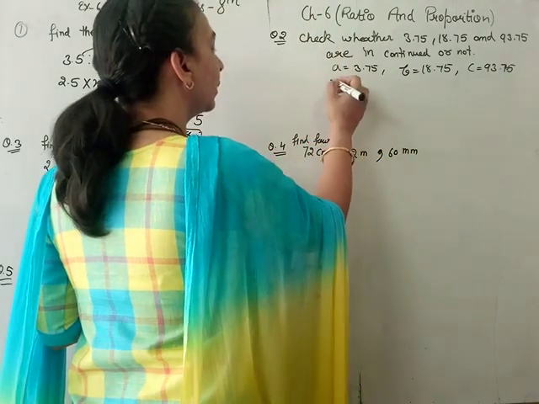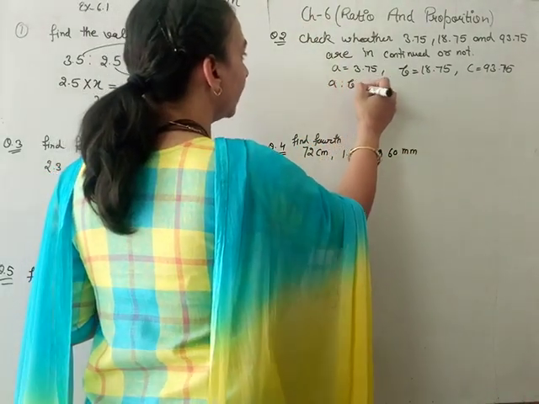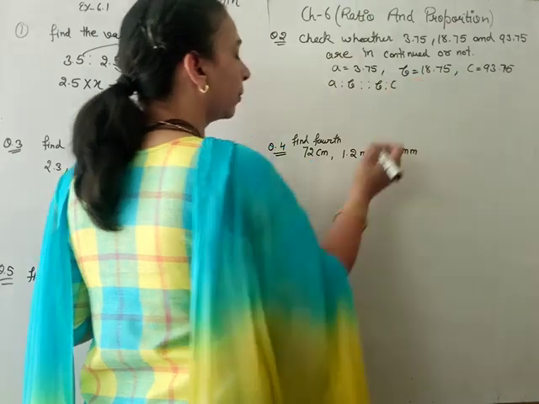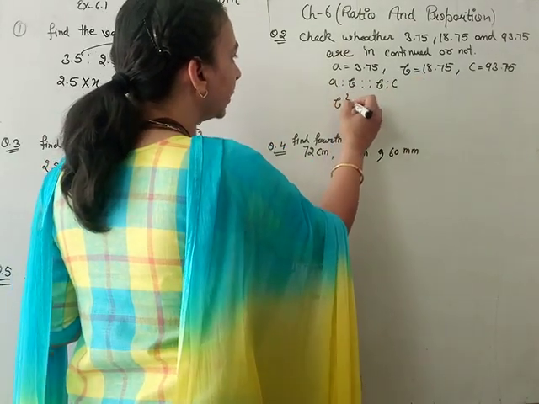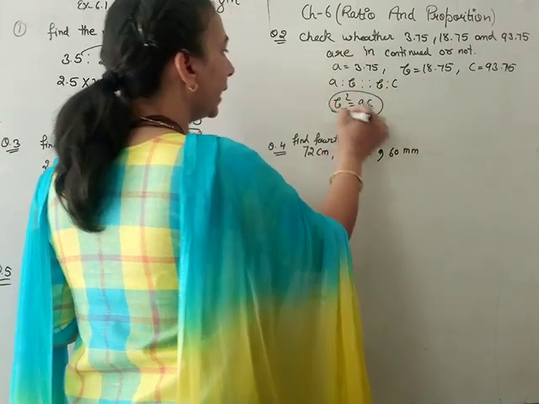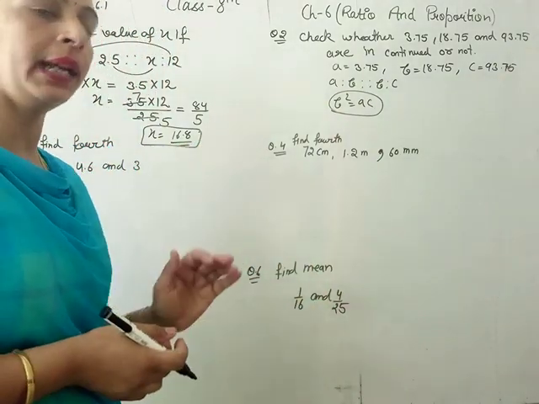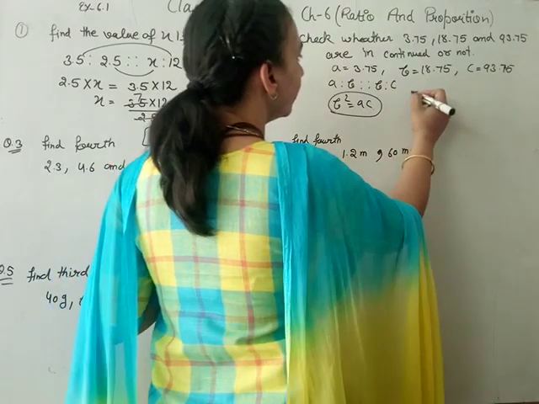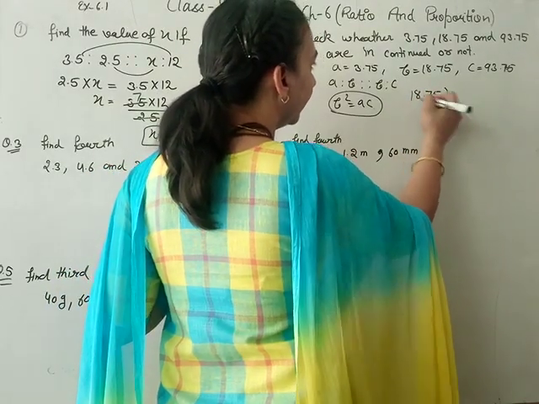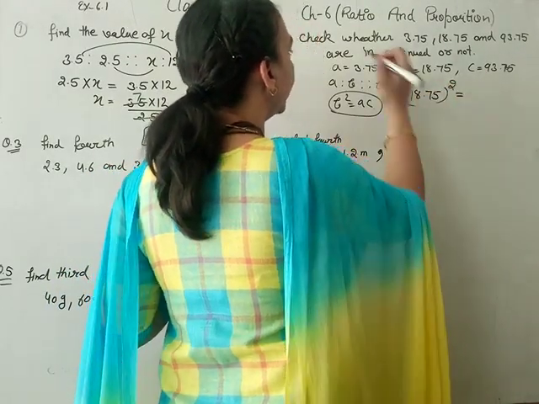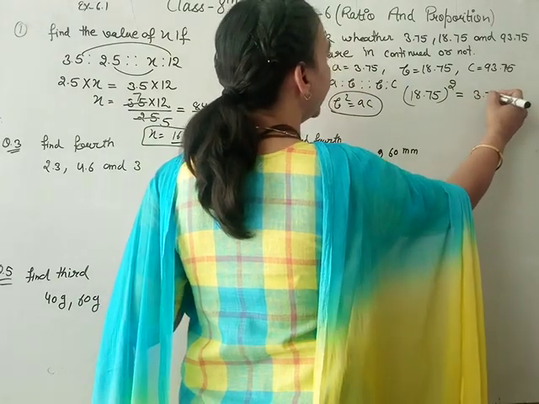If these are in continued proportion, then A ratio B proportional to B ratio C. Then B square equals AC. If B square equals AC, then these are in continued proportion, otherwise they are not. So first we find B square and then we multiply A and C.